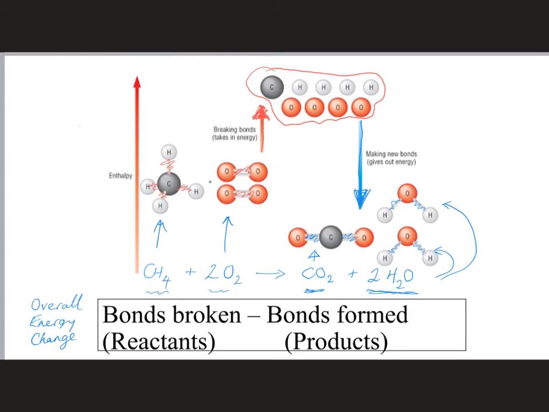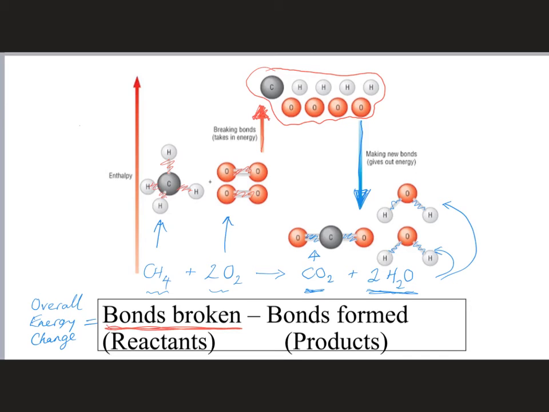So now we can calculate the overall energy change for this chemical reaction. And the overall energy change is calculated by using this equation at the bottom of the slide. Overall energy change is equal to the amount of energy absorbed or put in when bonds are broken.